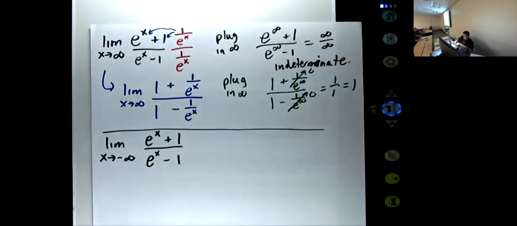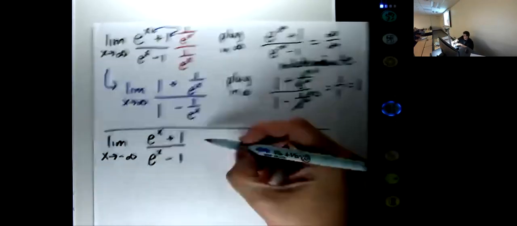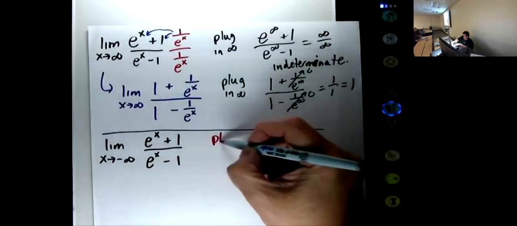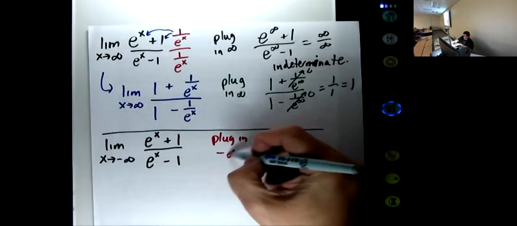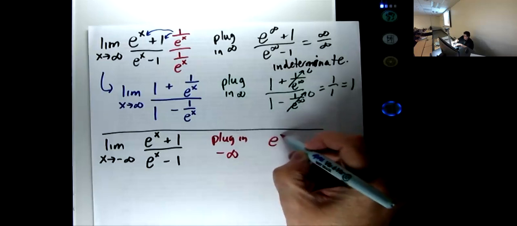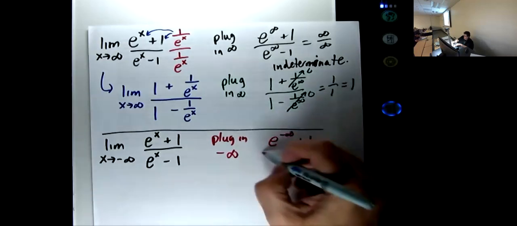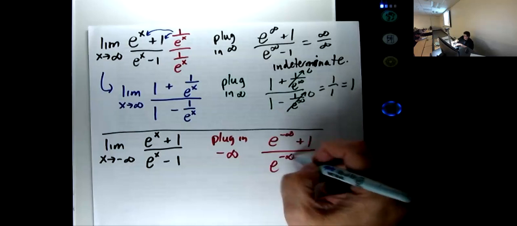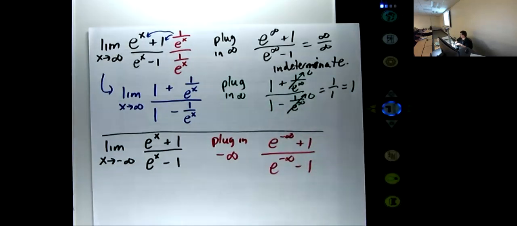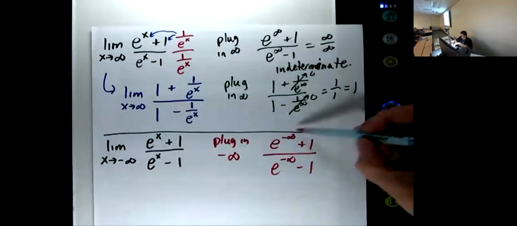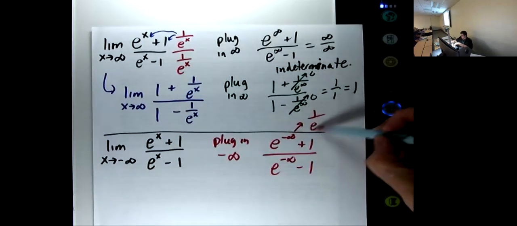If I plug in negative infinity, I have e to the negative infinity plus 1 over e to the negative infinity minus 1. Now, you could rewrite these as 1 over e to the infinity.